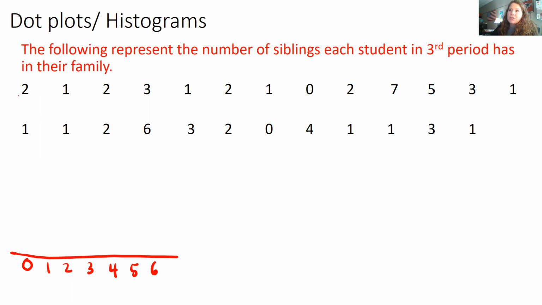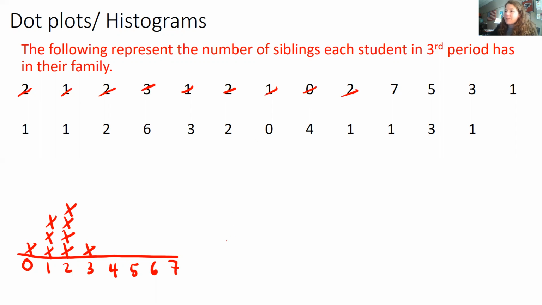So here we're going to do a 2, 1, 2, 3, 1, 2, 1, 0, 2, 1, 0, 2, and I didn't realize there was a 7.